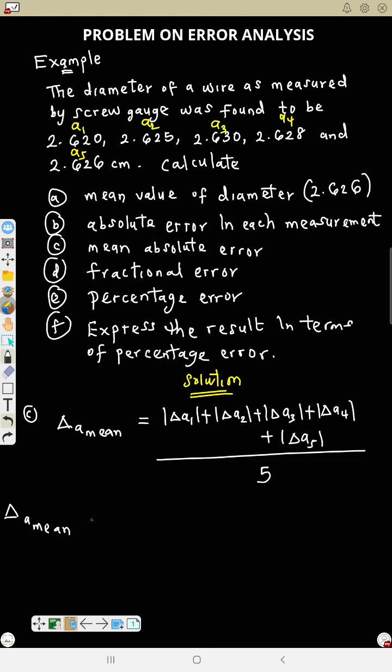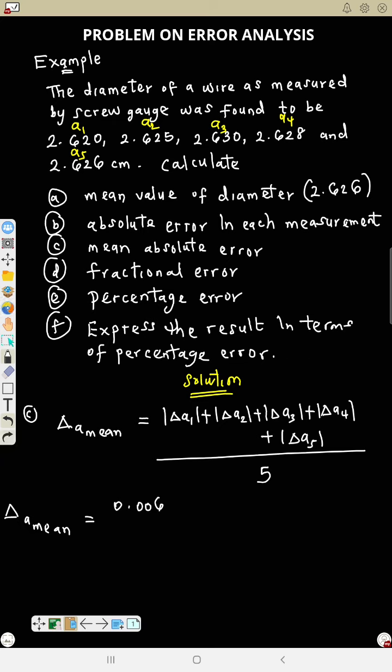So the mean absolute error now will be equal to 0.006. You can check the final result again for delta A1 and all the negatives. By the time we take the modulus of something like 0.004, it will change to plus. That means all our answers will be plus by taking this modulus. Take note.